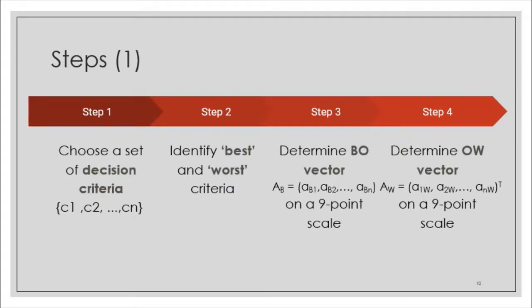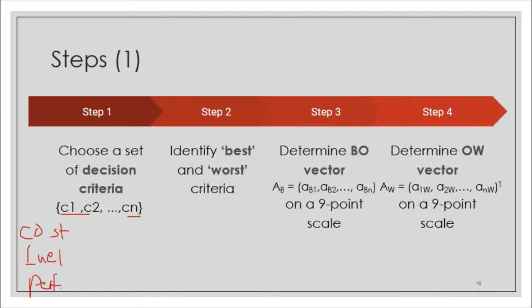We start off by choosing a set of decision criteria, C1 through Cn, which reflect the preferences of the decision maker. For example, if I'm looking to buy a car, my decision criteria could be the cost, the fuel consumption, and the actual performance of the car.